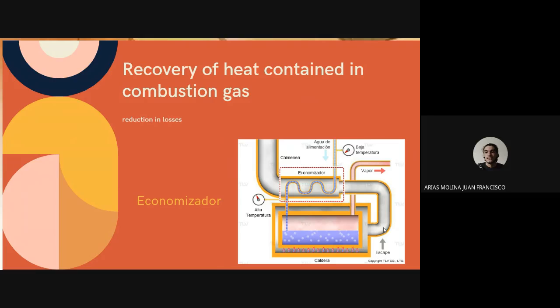They fall into two principal forms. The first is the reduction of the losses in the chimney and recovery of the energy over latent heat. And the second is the thermal energy recovery from the condensate heat. These two means go by the same principle.